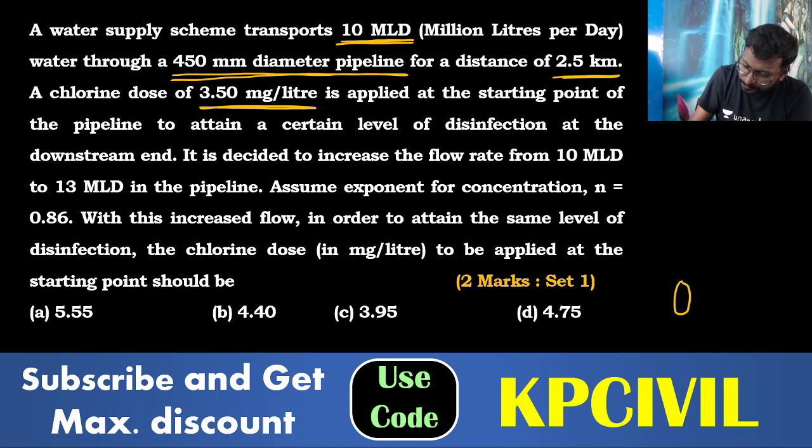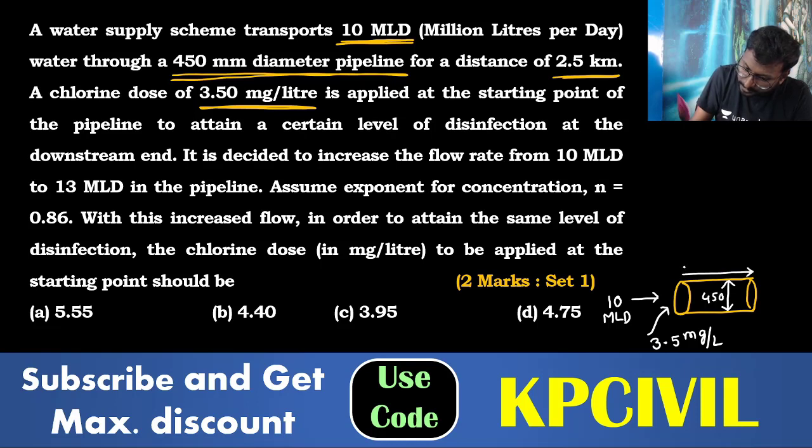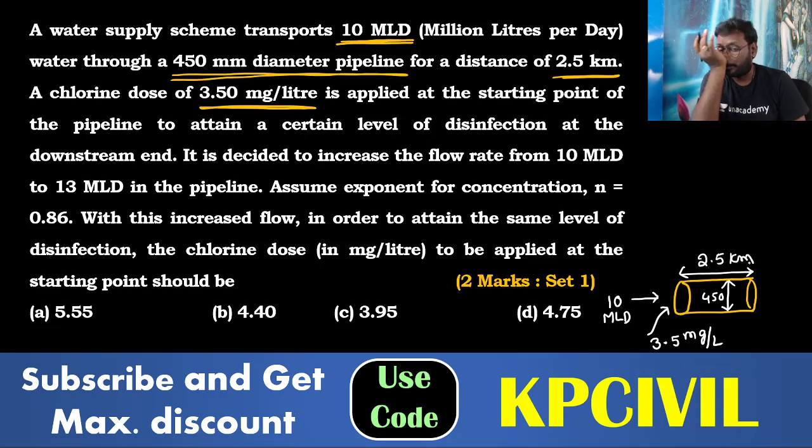Consider this is the pipe of travel. Through this 10 MLD of water is moving. Chlorine dose provided is 3.5 mg per liter. Diameter is given 450 mm. Length of travel is provided 2.5 kilometer. That is information related to chlorination pipe.